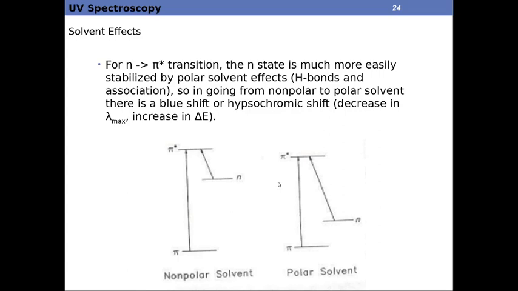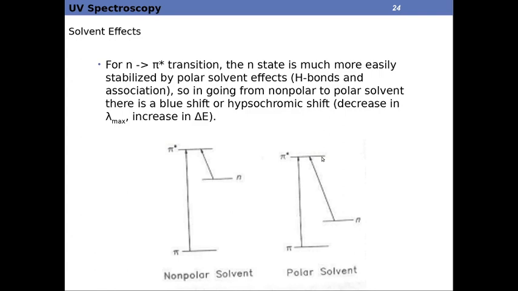So now if you compare the n to pi star transition, you can see that this much is the energy difference between the non-bonding orbital and the pi star orbital, whereas in a polar solvent the energy difference between the non-bonding and pi star orbital is much greater.